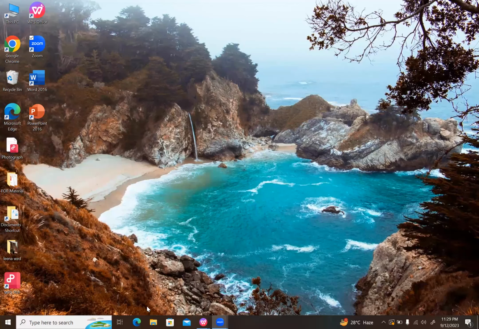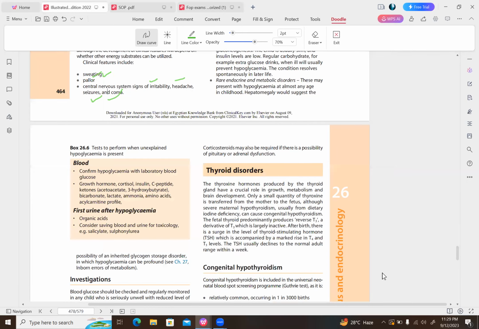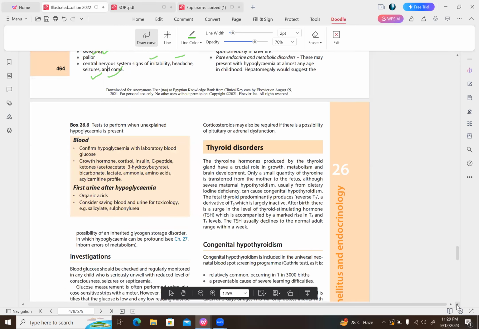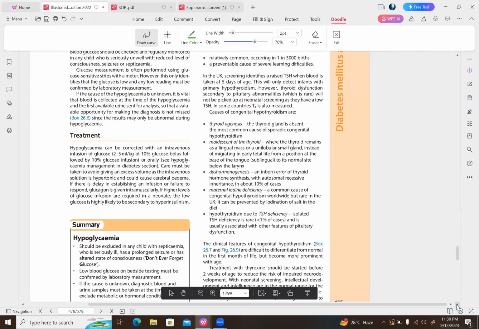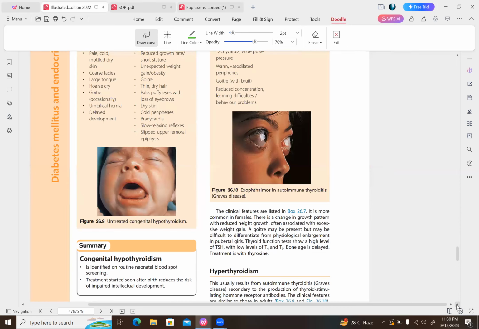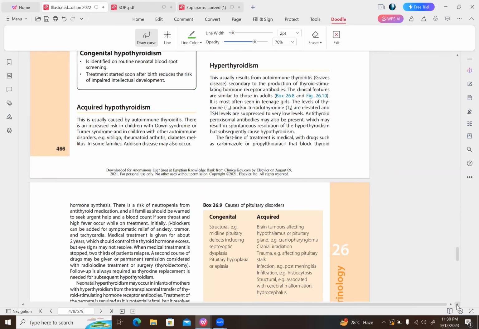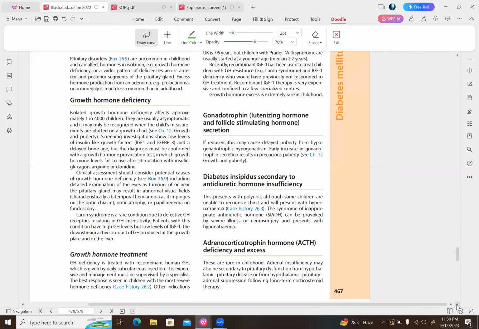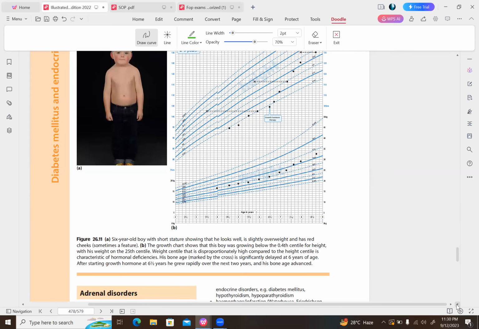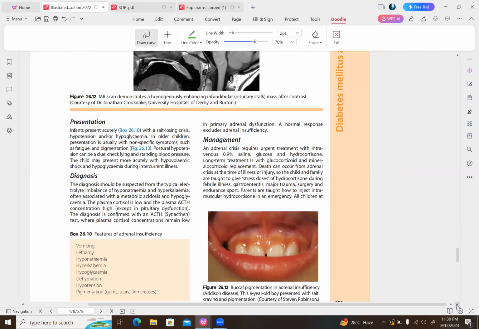Some things we need to see from the illustrated, and some things we need to see from the SOP. I found the illustrated book very good for the FOP exam, and the SOP is very good for the TAS exam.